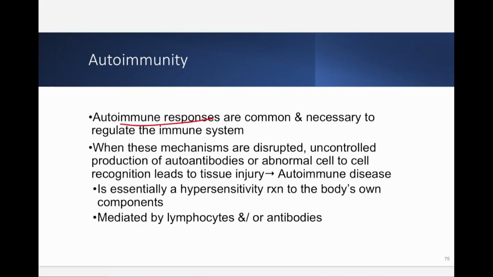With autoimmunity disrupted, we get uncontrolled production of autoantibodies, and that leads to an autoimmune disease. So these antibodies don't know that this is your own tissue, and they start to attack it anyway. That's what an autoimmune response is. So it's essentially a hypersensitivity reaction to the body's own cells. And it can be mediated by lymphocytes or antibodies can do it as well.